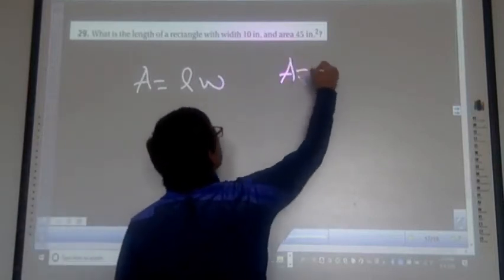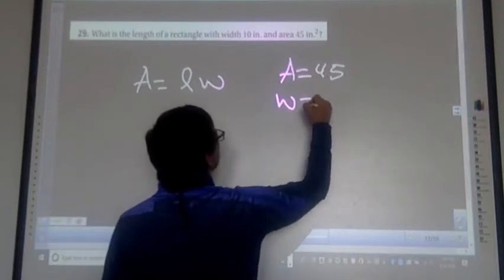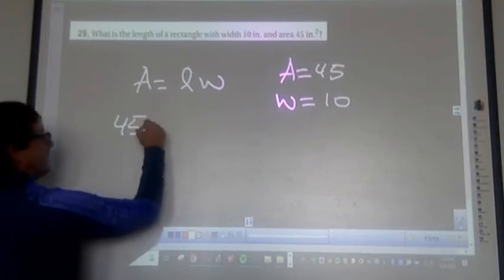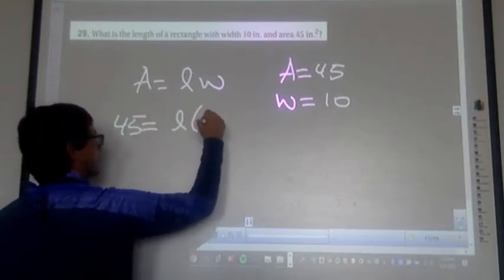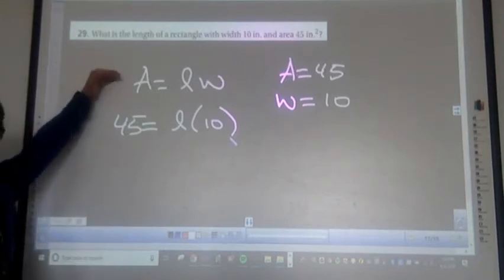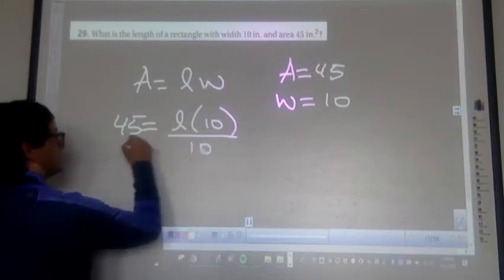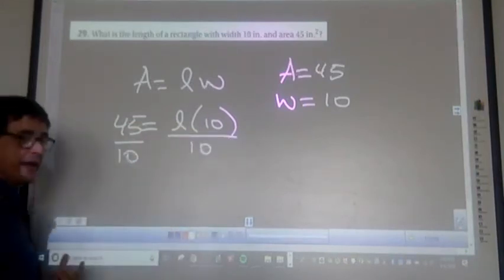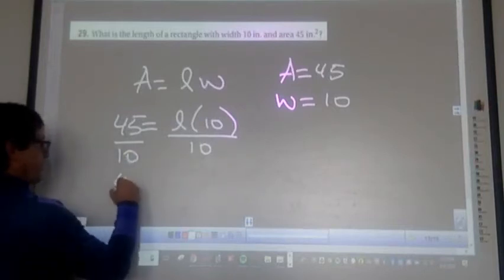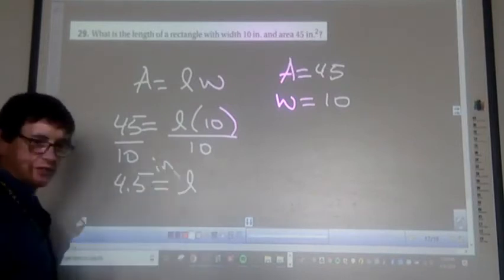So here A equals 45, and width equals 10. So you get 45 equals L times 10. So you got to show me those steps, like the equation in that first step, and then dividing out. Because many of you can just figure out in your head it's going to be 4.5, but you got to show the math to prove it. And yes, it is inches.